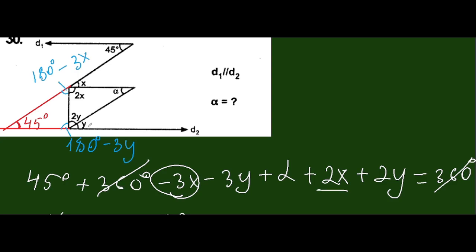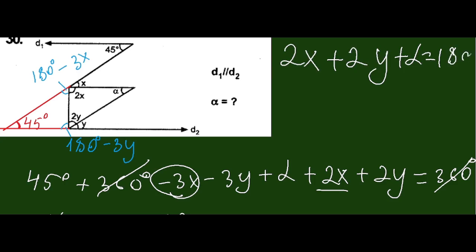And then we know also that the interior angles of this triangle, and we have one triangle here in black, so 2x plus 2y plus alpha will equal 180 degrees.